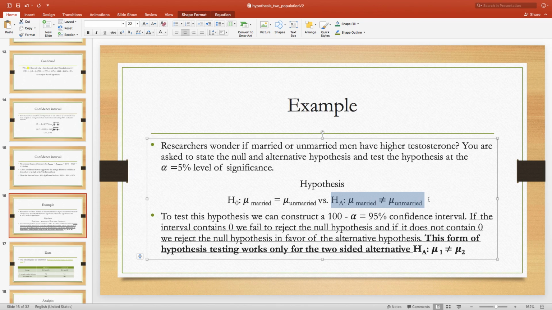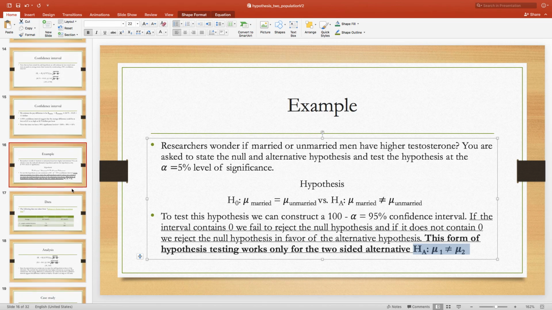If it does not contain 0, you'll reject the null hypothesis in favor of the alternative. One thing that I want to emphasize very carefully: you can only do this if you have a two-sided alternative. So be very careful that you are in the setting where you can do this.